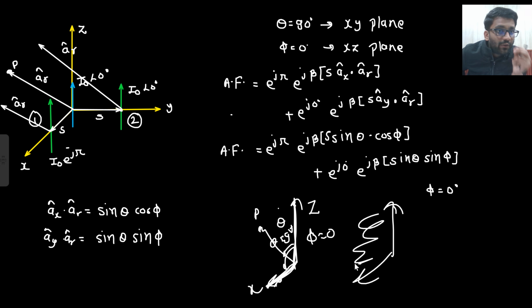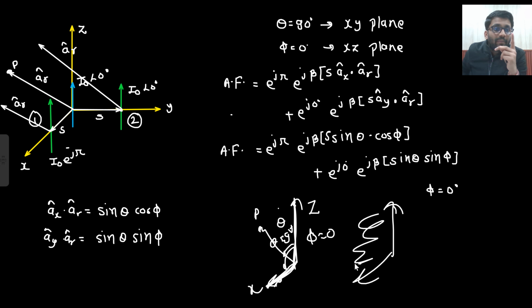Why? Because you need to think about where the point P is. My point P is in the ZX plane. I said ZX axis, sorry for that. If my point P is in the ZX plane, then for all the points there, point P could be any random point, but phi will be 0 degree. So without any doubt, I can put phi equals 0 degree here.